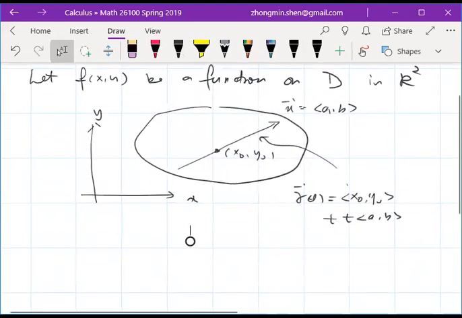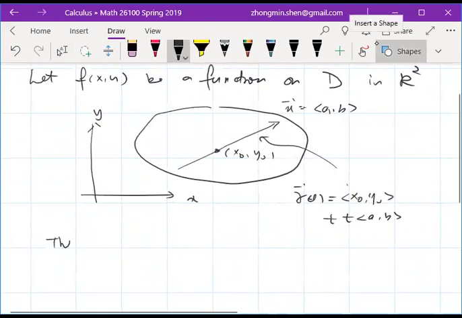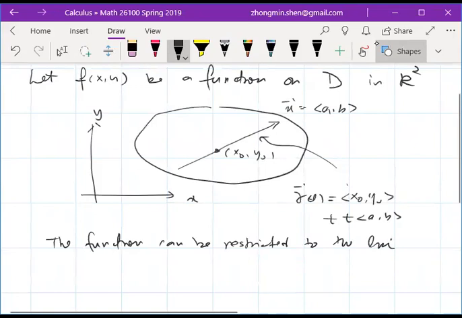Then the function can be restricted to the line, so you get a function of one variable. Let's say f bar of t is defined to be f of (x naught plus ta, y naught plus tb).